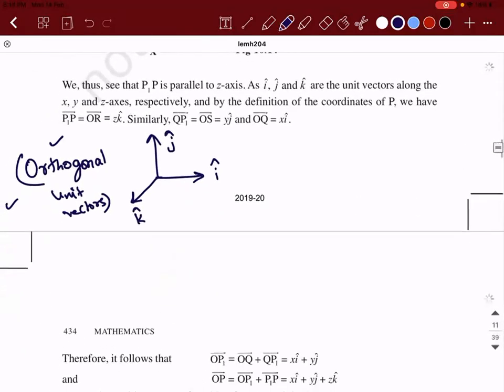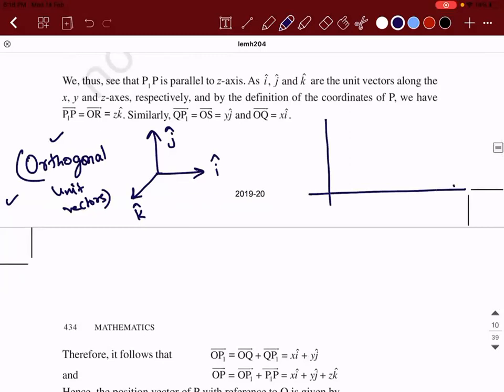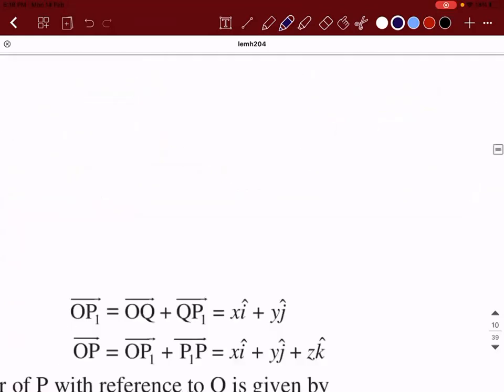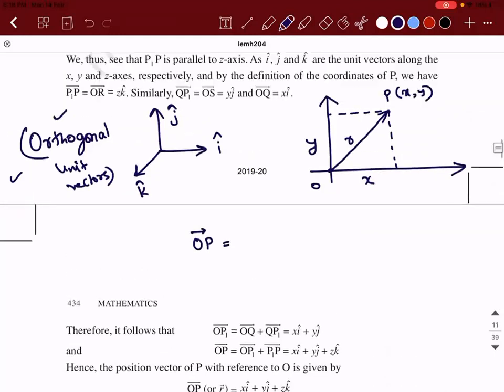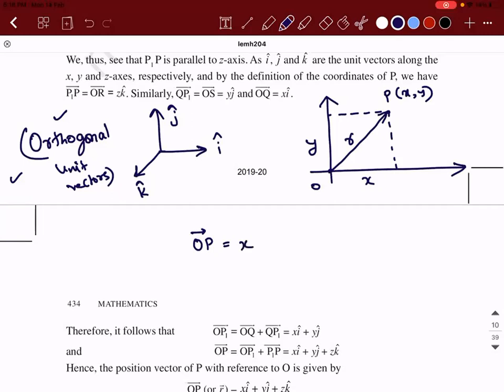So what I'm trying to say is, listen, if I take a point P in this plane, with O as the initial point, and I join it like this, then from this point I'll drop a perpendicular, which I call X, and from this point I will call this Y. If I call OP as R, then OP vector, according to the parallelogram law of vectors, is X units in the direction of the X axis, that is i cap, and Y units in the direction of j cap.